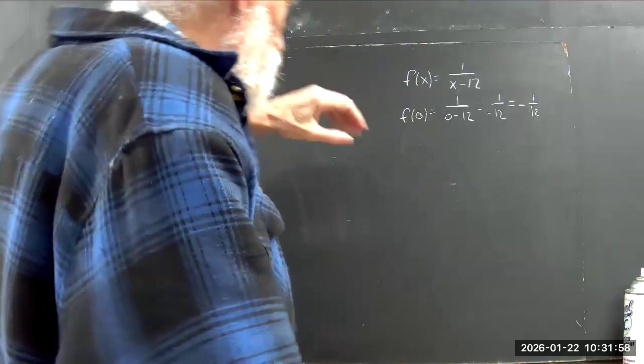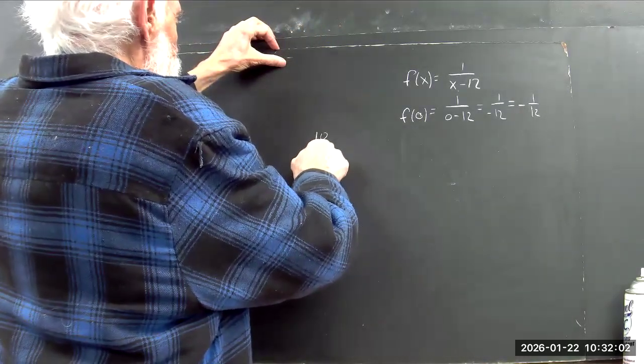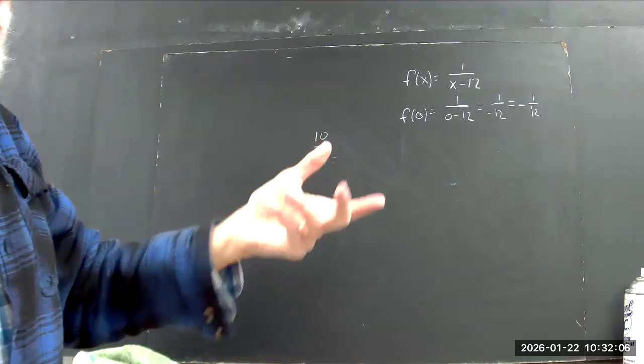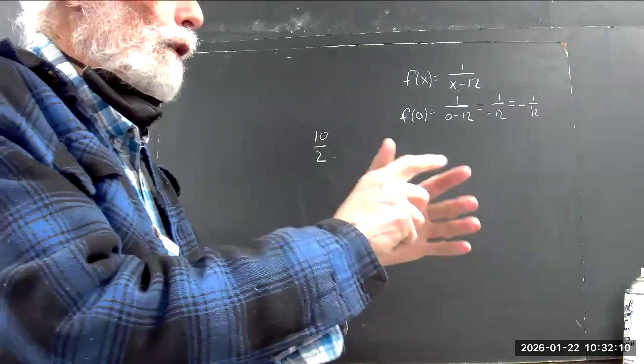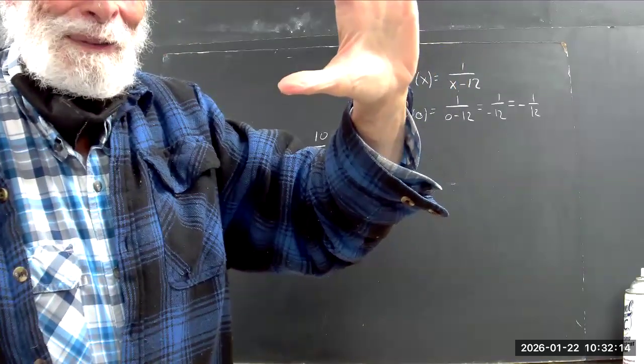Okay, let's demonstrate that. Let's take the number 10 divided by 2. Everybody knows 10 divided by 2 is 5. Why is it 5? Well, you can count to 10, 2, 4, 6, 8, 10 on your fingers, and you end up with 5 fingers, right?